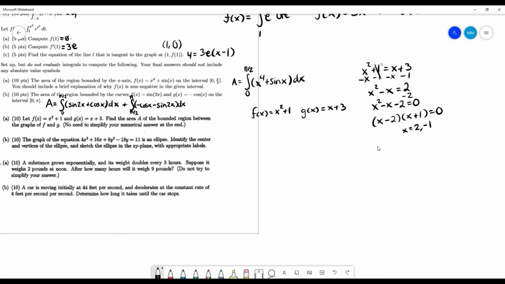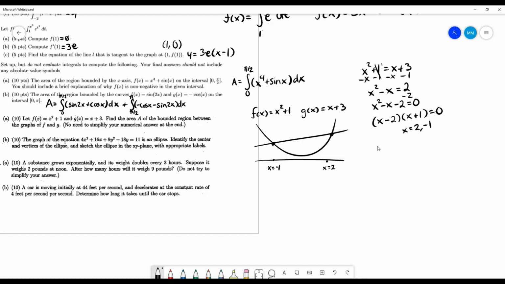Now, we need to figure out which one is on top, which one's on bottom. So say x equals -1 and x equals 2, right? And so let's pretend that we have, it's going to look something like that, I think, is probably how they intersect.